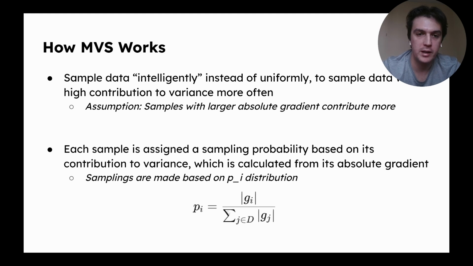That's the absolute gradient of the sample divided by the sum of absolute gradients of all the samples. So it's a pretty simple calculation. That gives it a probability pi, and these add up to 1. We're going to be sampling the data points with higher pi. So this pi represents the likelihood that we're going to sample that data point, and obviously, if something has a higher pi because of a higher variance contribution, there's a higher chance it's going to be sampled.